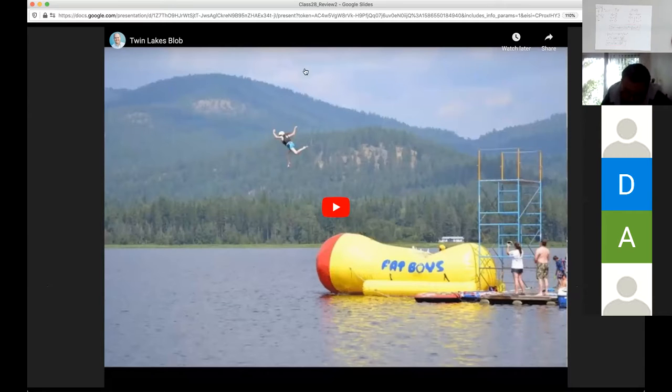It's a giant inflatable blob, and it is a fantastic way to launch people very high into the air. You get a couple of people up on this platform, and they jump off and land on the back of the blob, and that compresses the air in it, and somebody sitting on the front of the blob just gets shot off into the air.